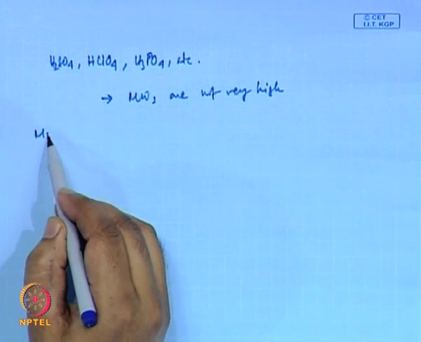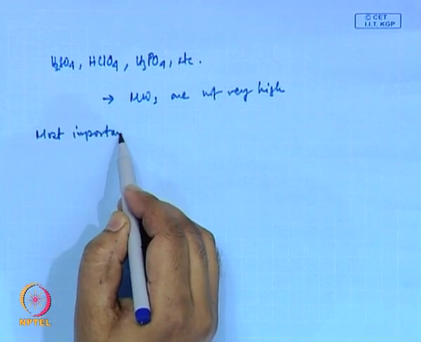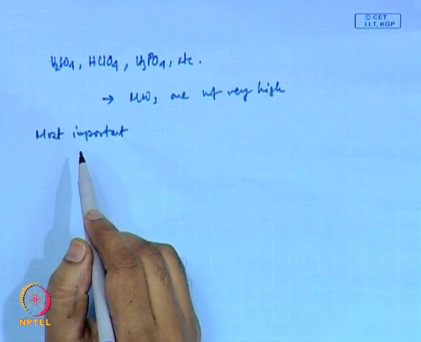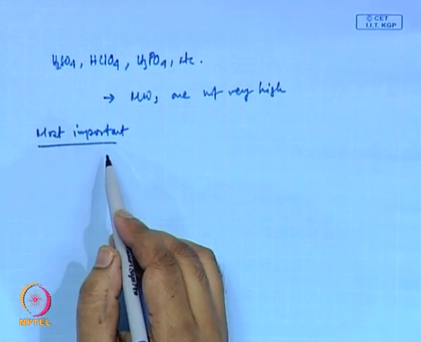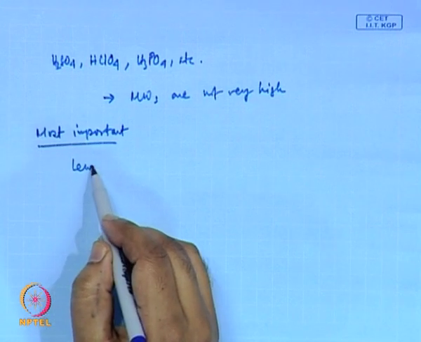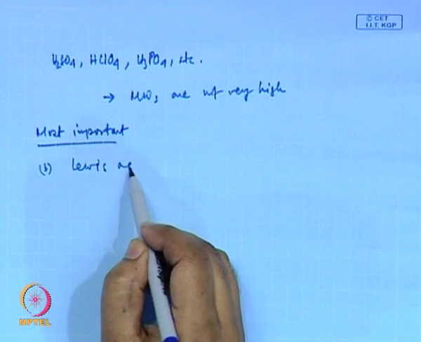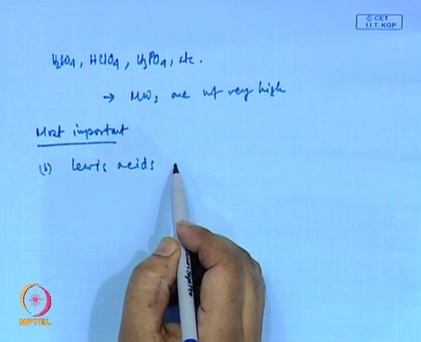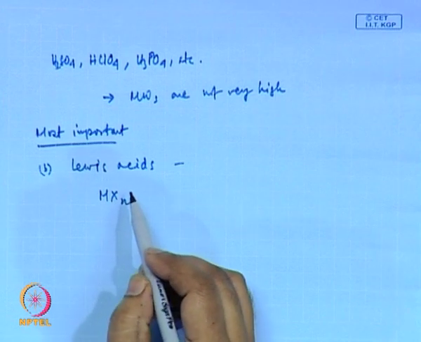The most popular and most important electrophilic reaction is the reaction with Lewis acids. I can write a generic structure like MXn for a Lewis acid.